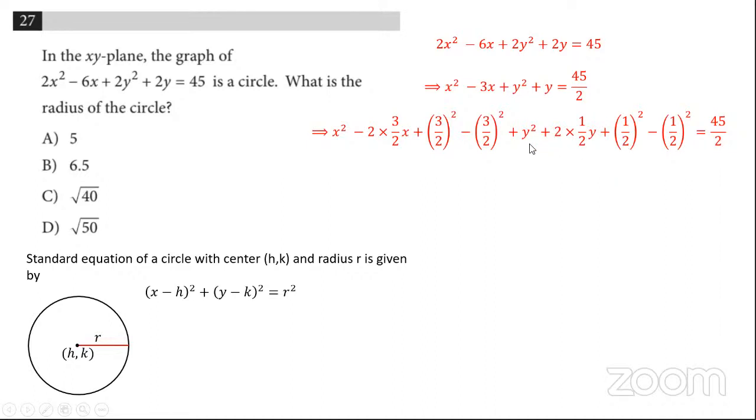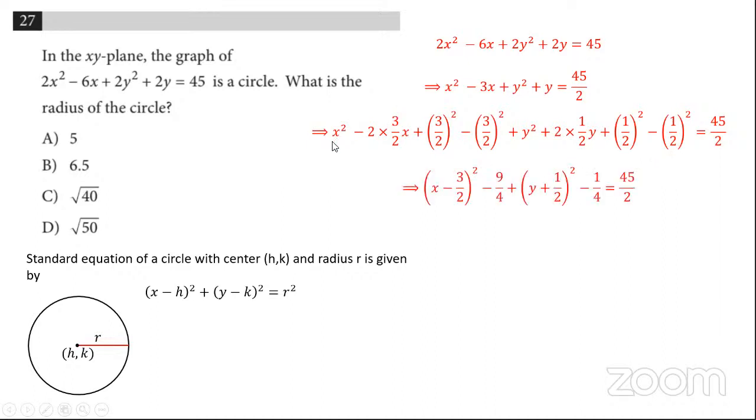So these terms, y square plus 2 into 1 by 2 y plus 1 by 2 the whole square, are of the form of the expansion of a plus b the whole square, right? So this we can write as y plus 1 by 2 the whole square. Since we added 1 by 2 the whole square, we need to subtract it as well.